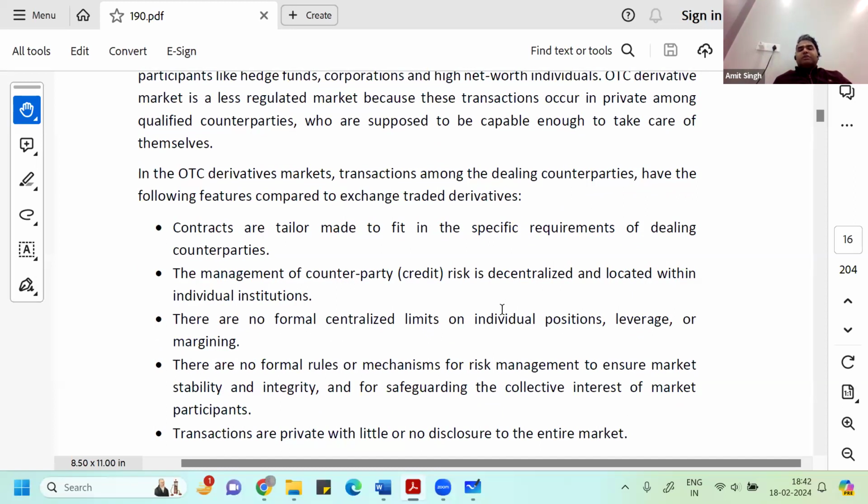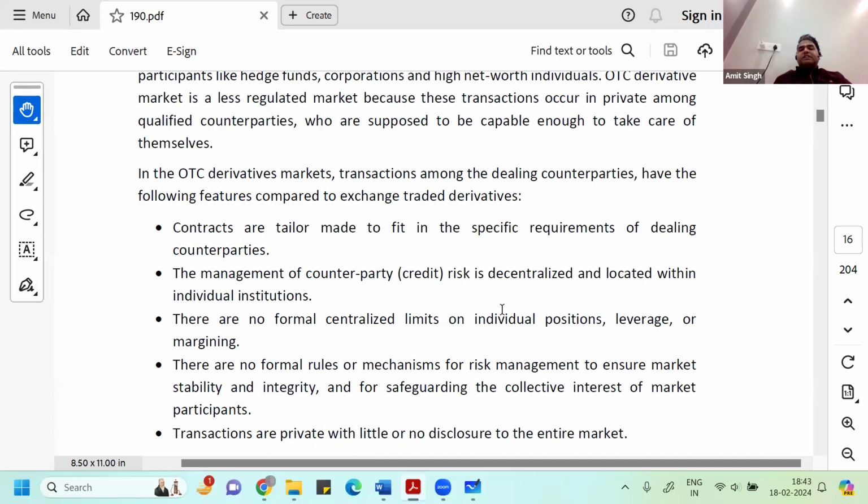In the case of an OTC instrument, we create a product which is mutually agreed between the two counterparties based upon mutual convenience. No third party is involved in deciding the terms of the contract, so they are customized, tailor-made bilateral agreements.